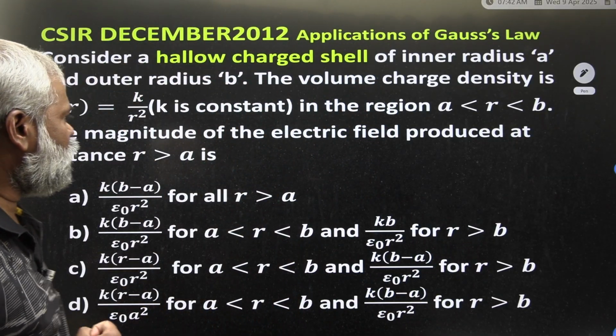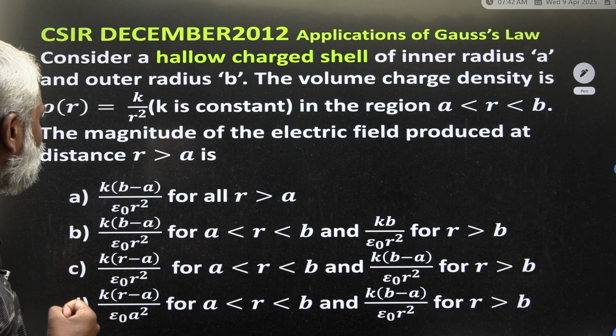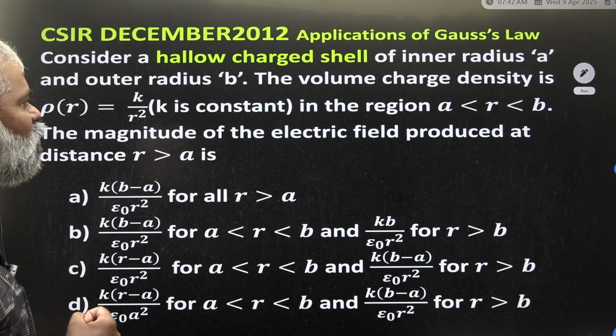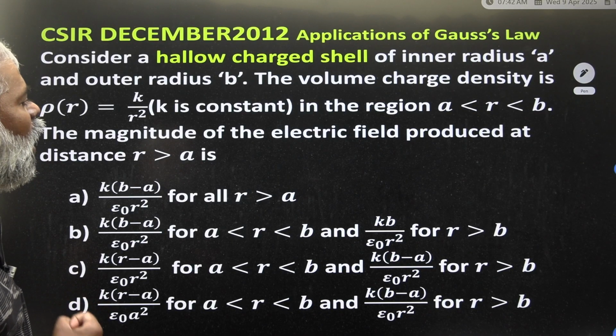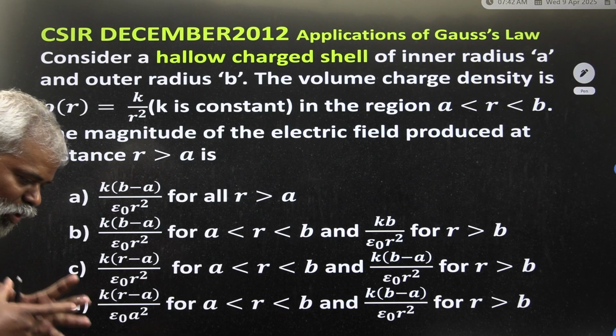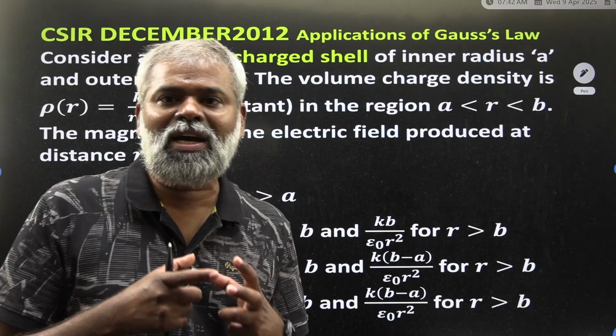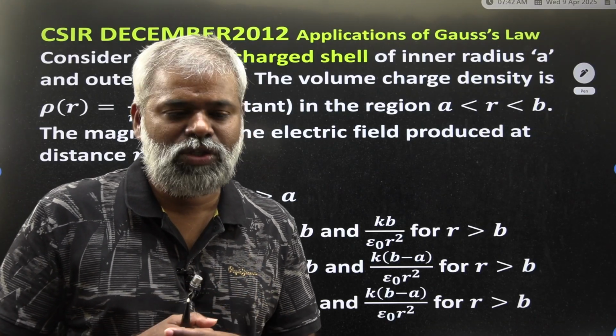Now you are able to see, this question was asked in CSIR December 2012, for 5 marks. First, you have to read the question 2-3 times. Then you understand what data they are giving in that question.